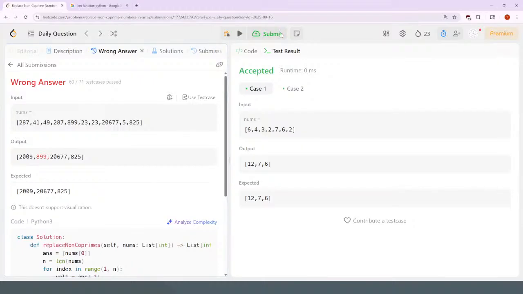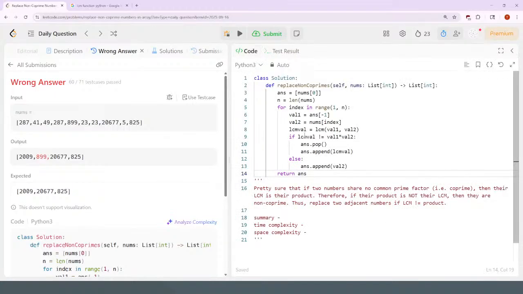Oh boy, that's really, really wrong. Okay, 2009 is probably the LCM of these two, maybe.